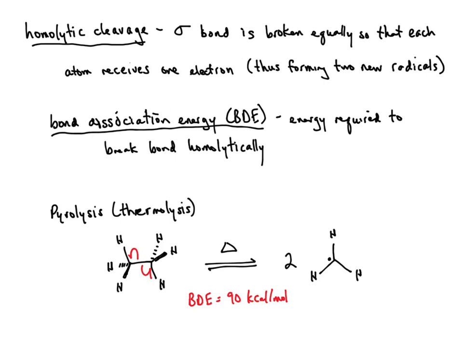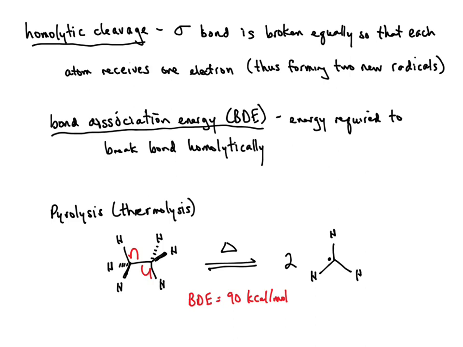Now, this can only happen at really, really high temperatures, and not a lot of functional groups can survive these temperatures. And 90 kcals per mole is incredibly high to begin with. And so we must resort to other methods of generating radicals. What we're really after here is trying to modify the system itself in order to generate a BDE that's much lower.